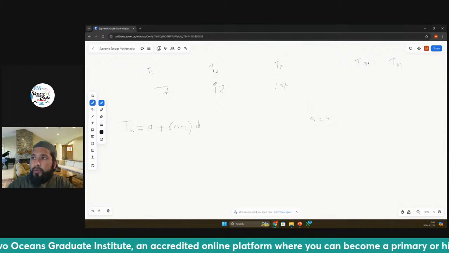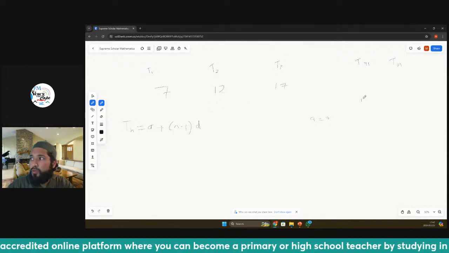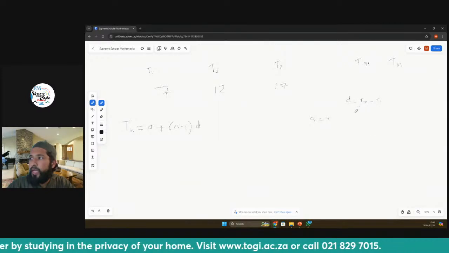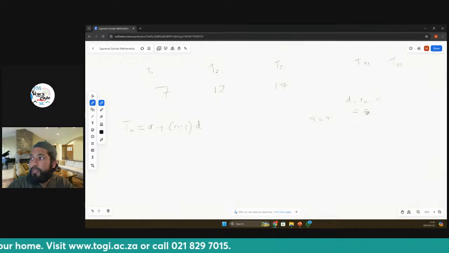And d, what is d? You can say d is equal to T2 minus T1. That's the way you work it out, and you expect it to be the same as T3 minus T2, so you can take any of those. If I take 12 minus 7, I get 5. 17 minus 12 is 5, the same thing. So d is equal to 5.